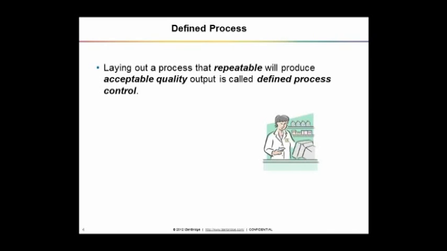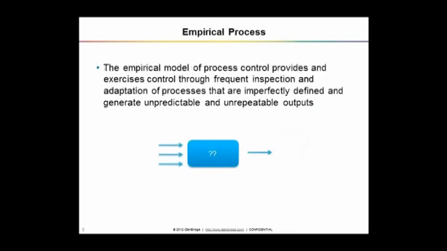As many times as you put in those inputs, the steps defined in the process generate an acceptable quality output. You can think of a very stable environment where the variances are very small. You can put a control limit on the output, and only if an observation is breaking the control limit do you fear the system going out of control. The rest of the time, the system can work perfectly.